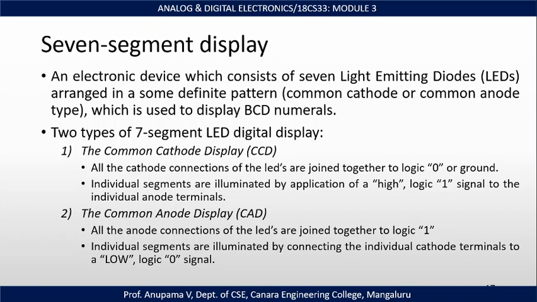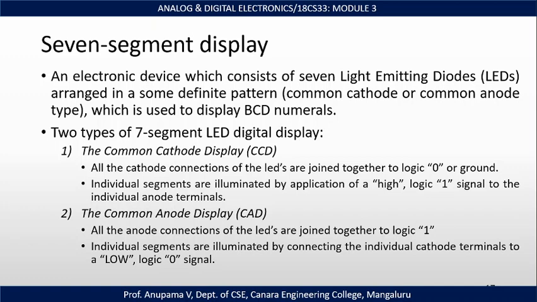But the individual LEDs will glow by giving logic 1 input to the respective anode terminal. Similarly, the second type of 7 segment LED display is the common anode display. In the common anode display, the anodes of all the LEDs are joined and connected to logic 1, or to the power supply.